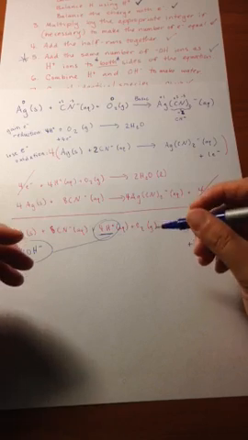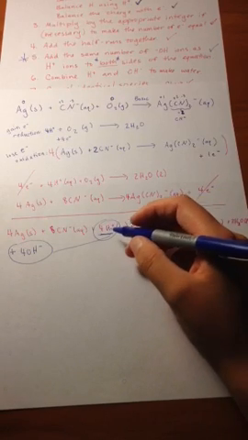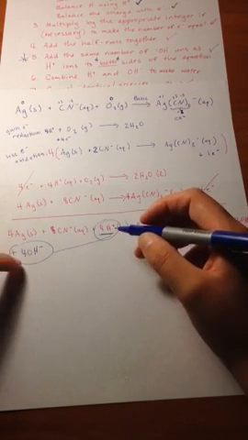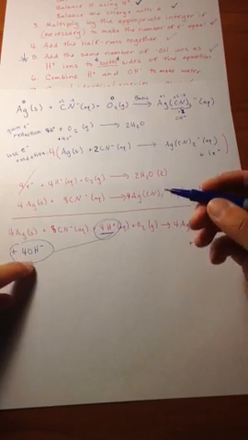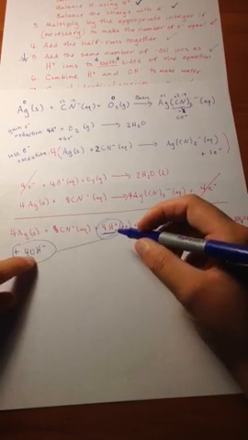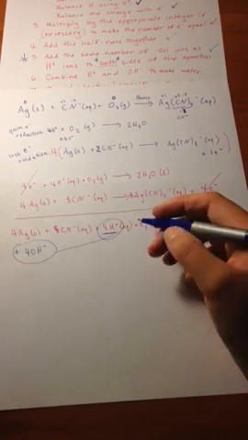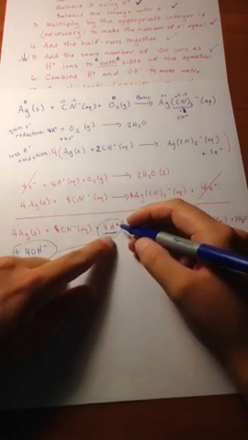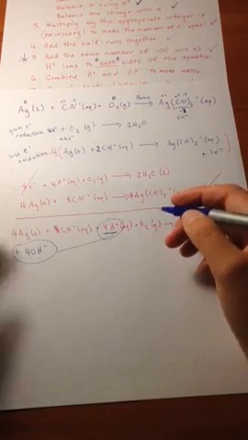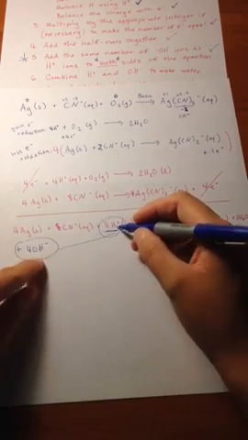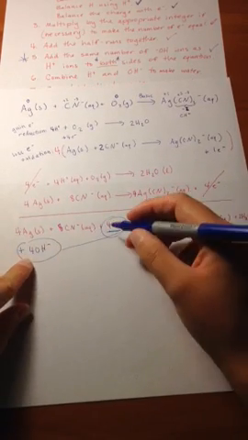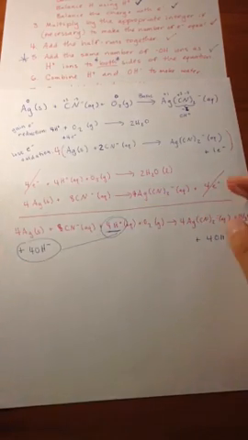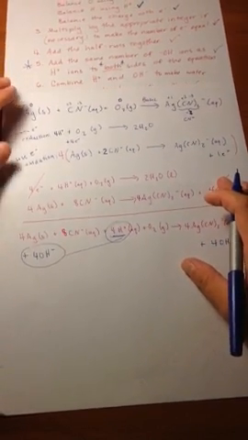But for example, if you end up with 5 hydrogens and 4 OHs on one side, then that means you're going to have 4 molecules of water and 1 mole of hydrogen protons left over. So you combine equal amounts to make water. So 4 and 4 gives you 4 moles of water.